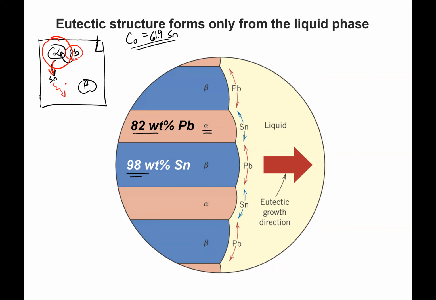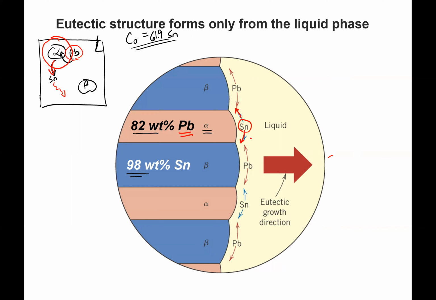So one of the things I could do then is, why not form a nice thin layered sheet structure? And the advantage of doing that is that when my alpha phase here, that's mostly lead, right? We said that we need to diffuse the tin away from the liquid that's there. Well, now I don't have to diffuse it very far at all because I've got a beta layer that's growing very close.